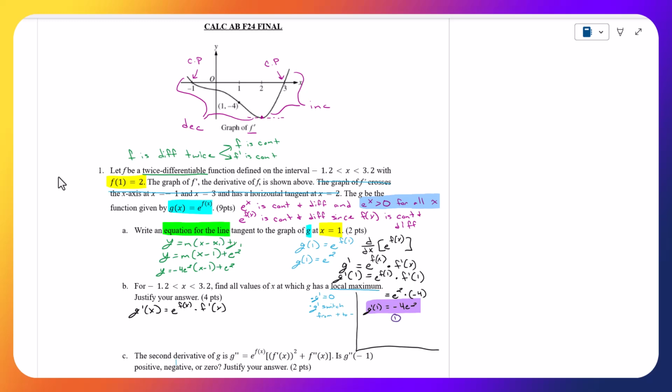Now, we want to see where g prime equals 0. This is the tricky part in this question, because how do we know where it equals 0?